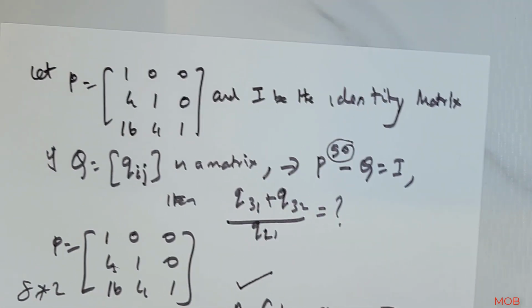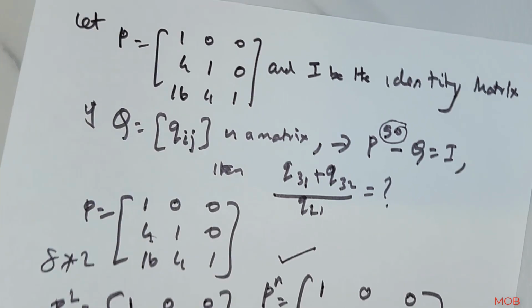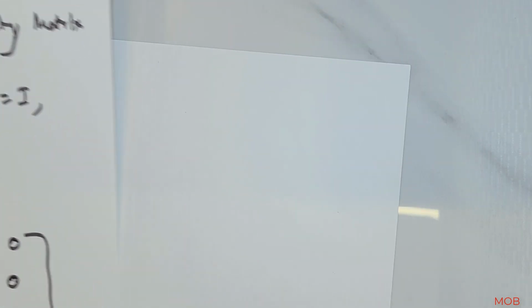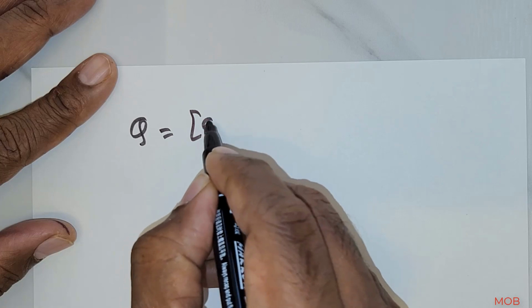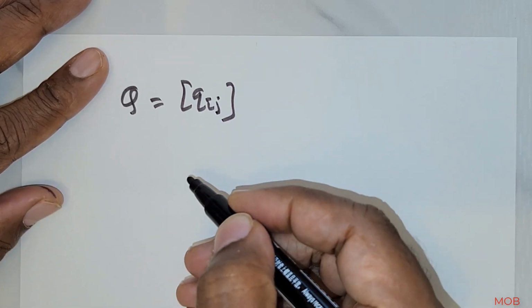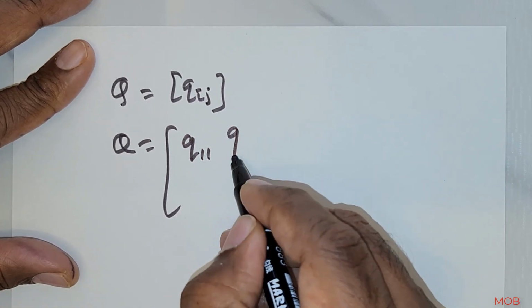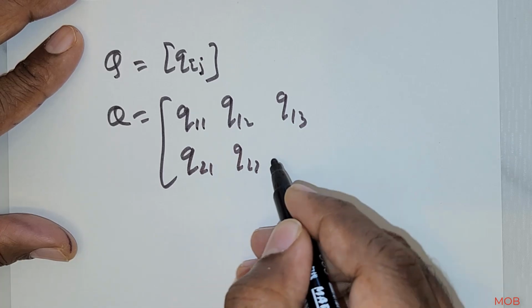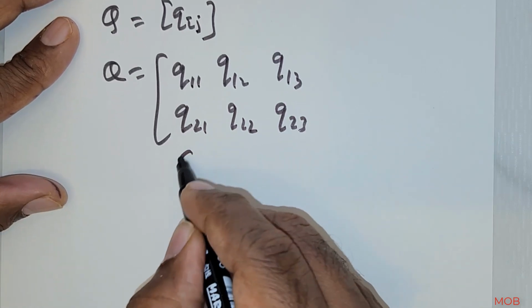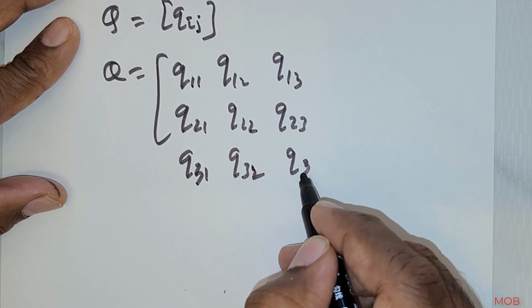Let me go to the next. Okay, so Q is actually Q of ij. That means Q is equal to Q11, Q12, Q13, Q21, Q22, Q23, Q31, Q32 and Q33.